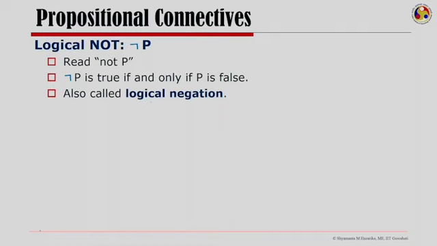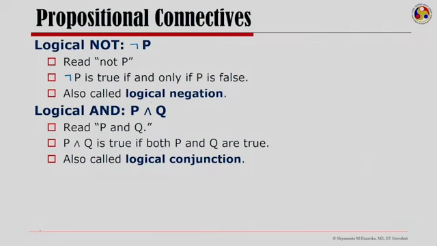Not P is also called logical negation. The next propositional connective is the logical AND, read as P and Q. P and Q is true if both P and Q are true. Logical AND is also referred to as logical conjunction.